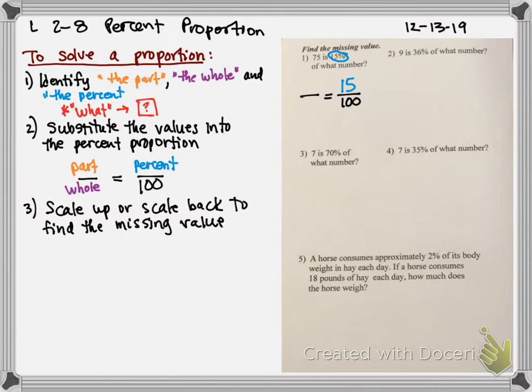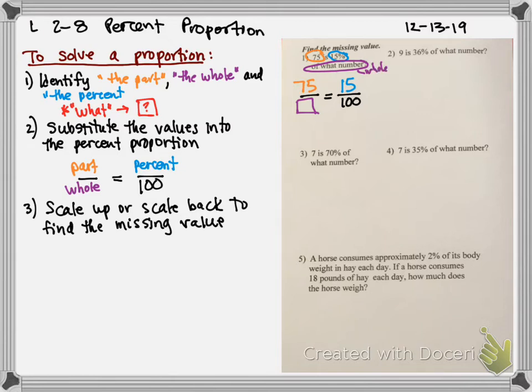So that would make 75 the part. So that's going to go here. And then we have a mystery of what number. So the box is actually going to go here. Okay? So that's going to be our whole number. So what we are searching for is the whole number. Okay?